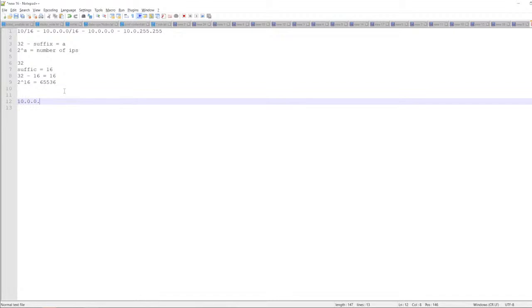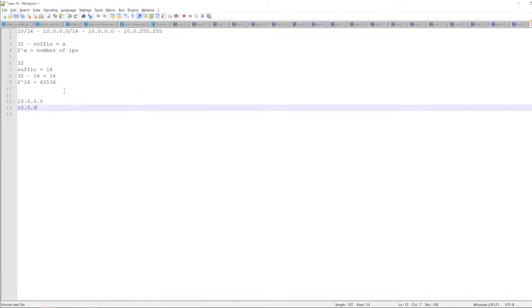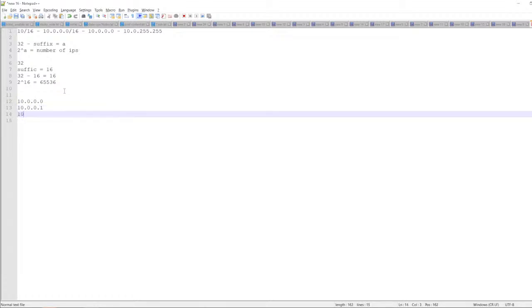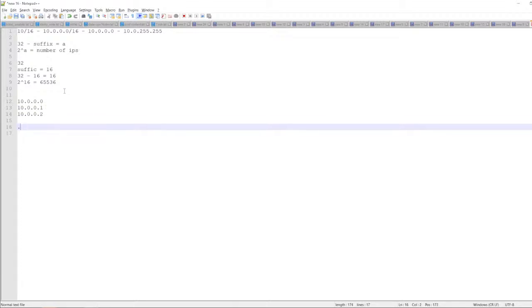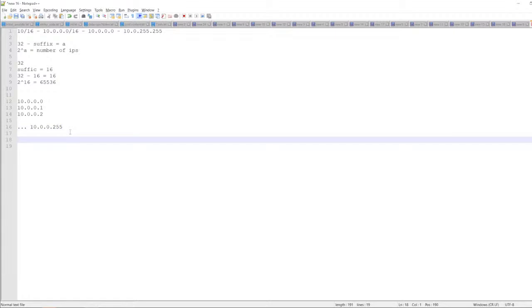So what is the starting IP address? They have given the starting IP address. What is the next IP then? It will go till 10.0.0.255. These are the first 256 IPs we have used. This is 1, 2, 3, and this is 256, right? What will be the next one? 10.0.1.0.